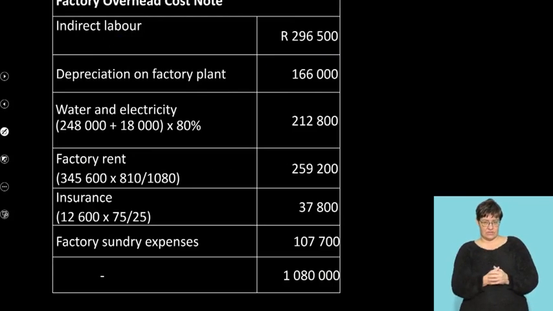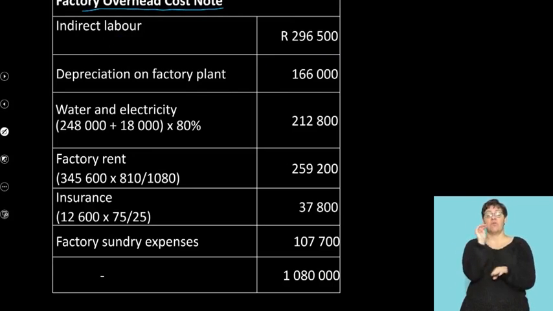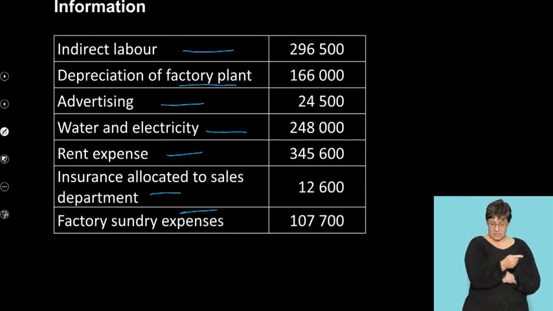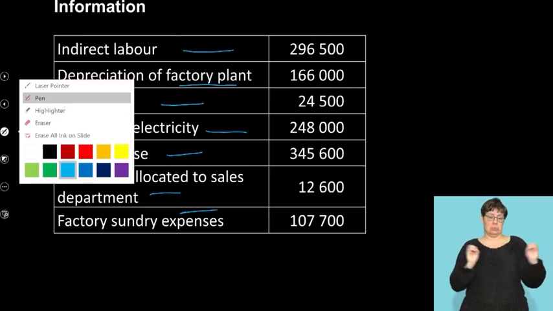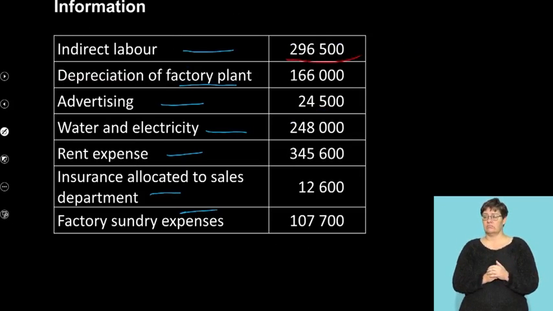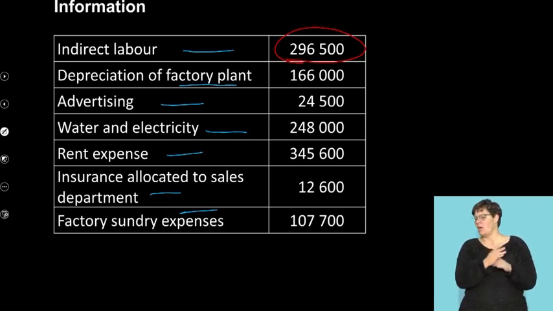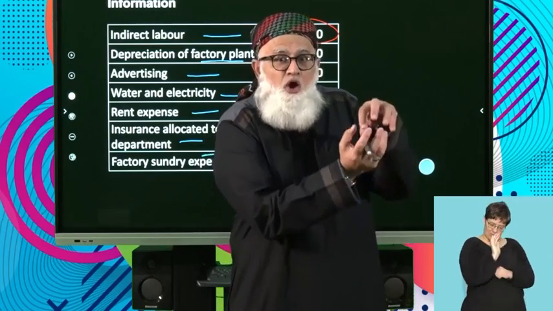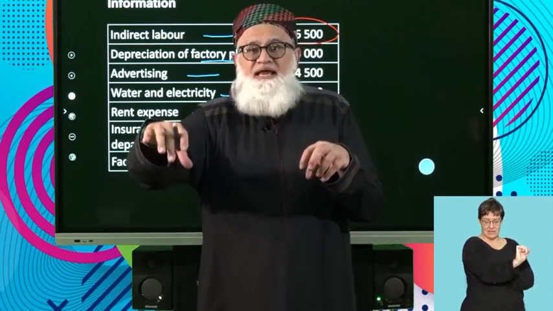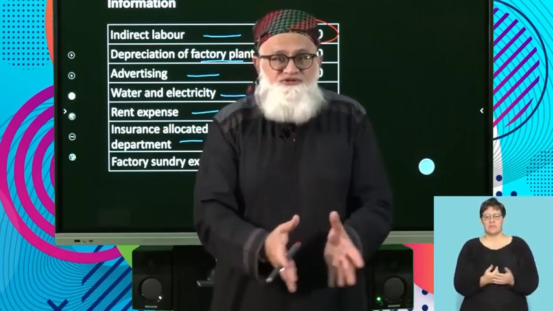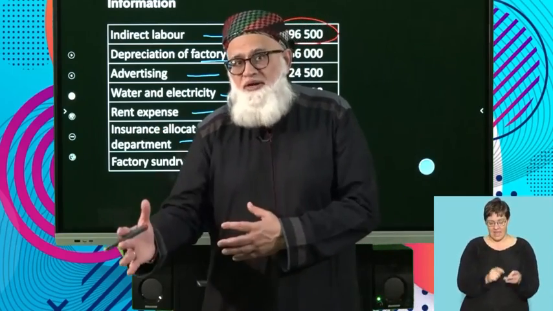Right, if we take our factory overheads cost, firstly, let's pick up the indirect labor. There was no adjustment for it. Therefore, it will go as is. Indirect labor is part of my factory overheads. An example of indirect labor would be the factory cleaners, the factory foreman, right?